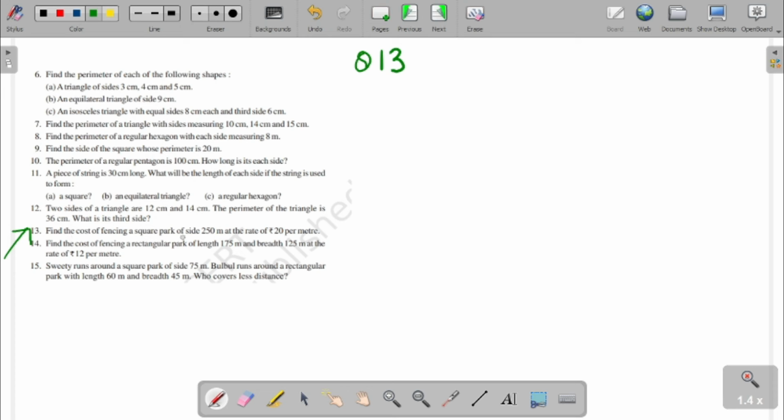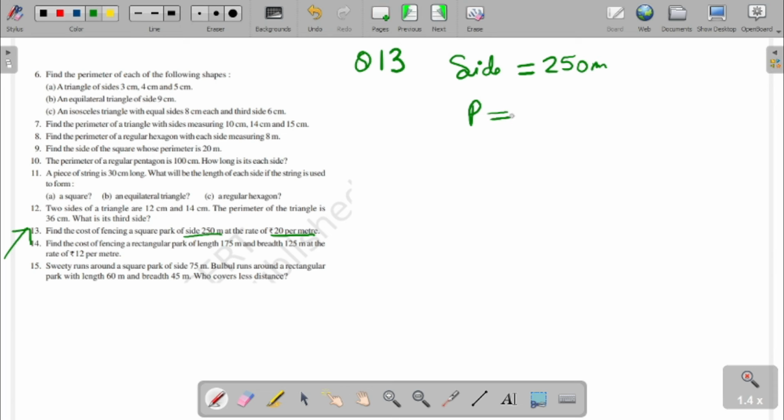Question number 13. Cost of fencing a square park with side 250 and the given rate. So in question 13, side of the square park is given as 250 meter. Side is given. To find the cost, first we need to find the perimeter.